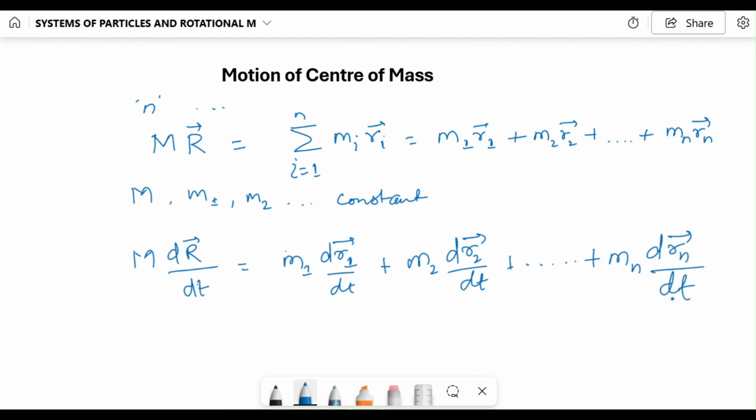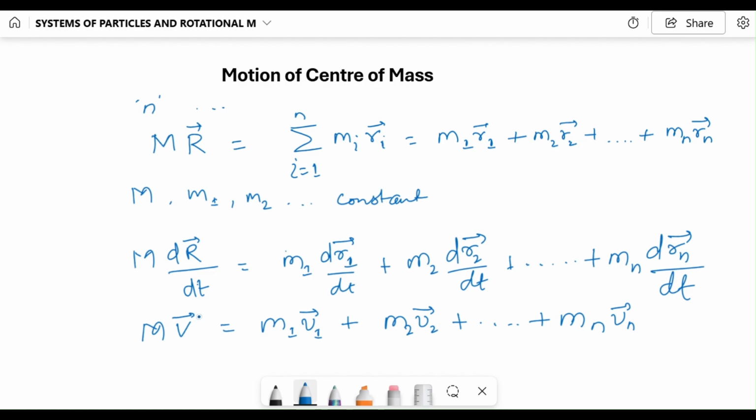Here we know that time derivative of position vector gives us velocity vector. So we can write m1 v1 plus m2 v2 plus up to mn vn.